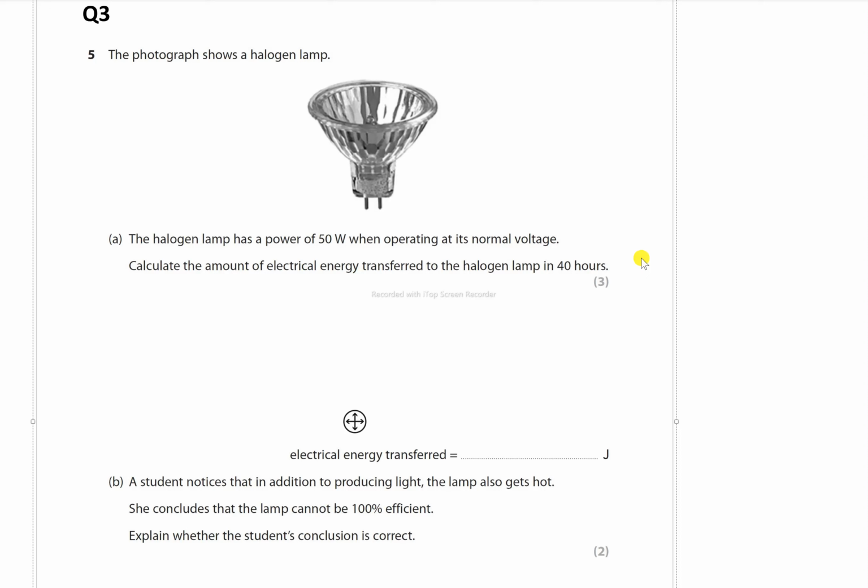So we need to convert hours into seconds. 40 hours equals 40 times 60 minutes times 60 seconds. That's a lot of seconds. So we've got that in seconds, what we need.